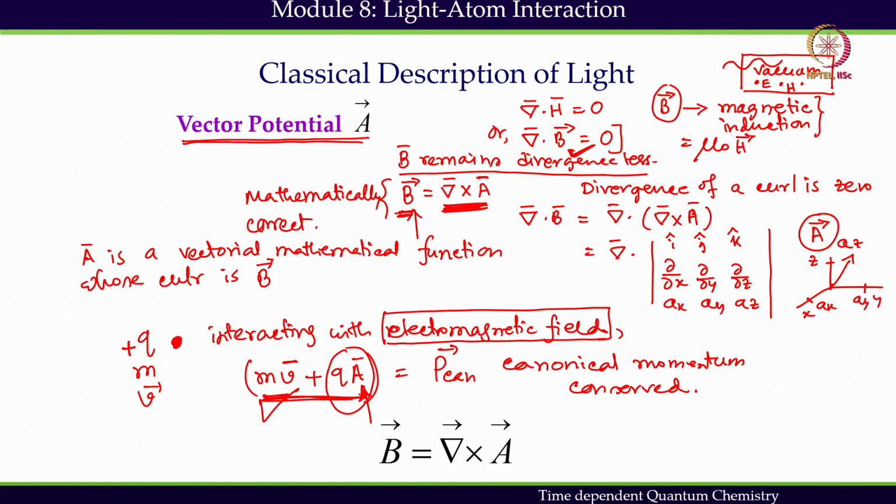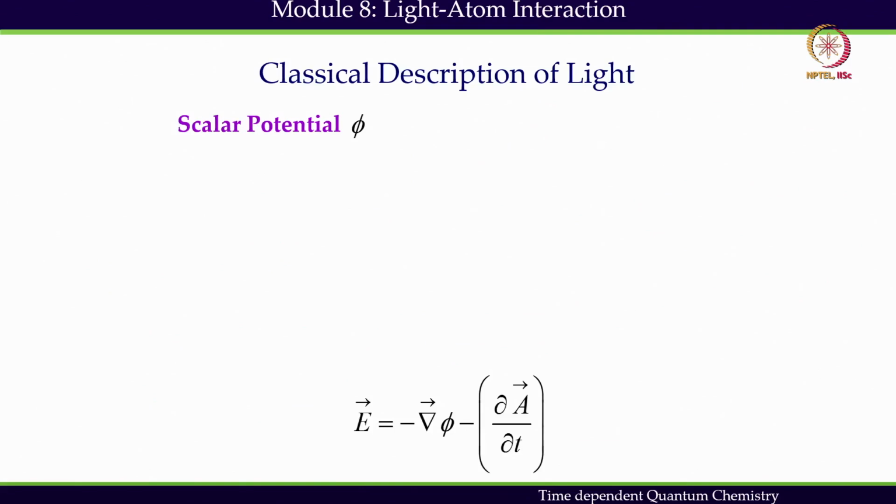We see that vector potential has a big role in the light atom interactions, but its origin was purely mathematical. Because B is divergence-less, one can immediately express it as a curl of a function, and this function is called the vector potential.